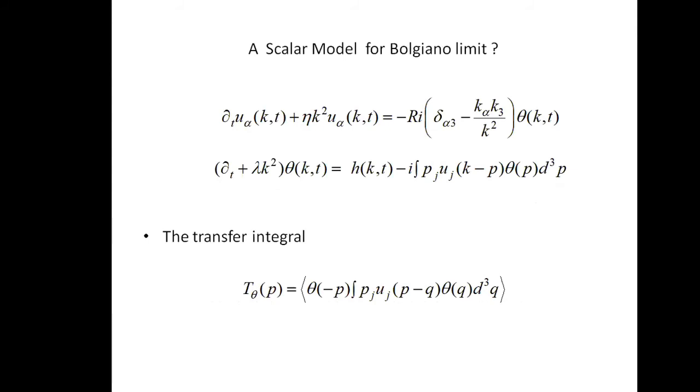So what I would have for this limit is a scalar model. Scalar model in the sense that the velocity equation is actually just a linear equation slave to the theta variable. So U is tied to the theta, which is the temperature fluctuation, and the temperature fluctuation has a noise part in it, and that is the nonlinear transport of temperature, the advective transport over there. The transfer integral is now just coming out of this term over here.